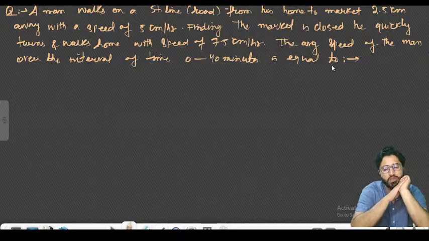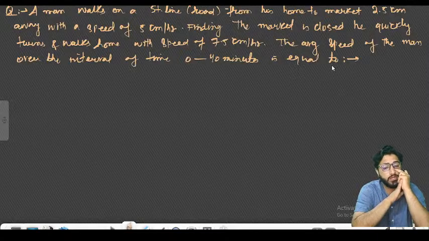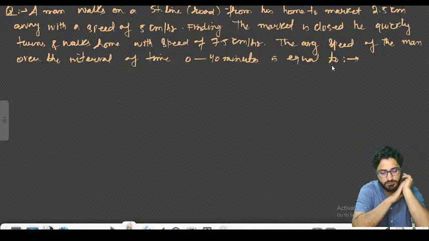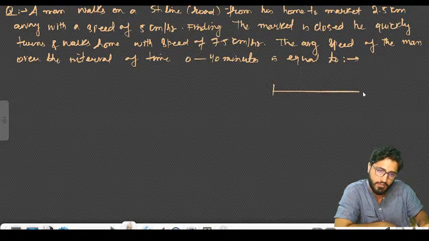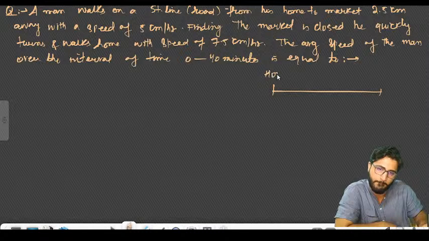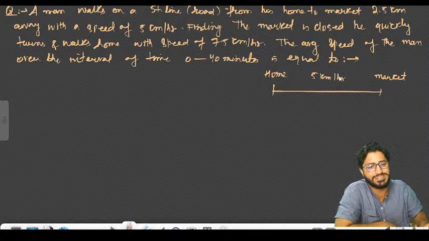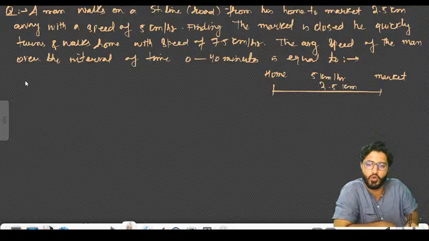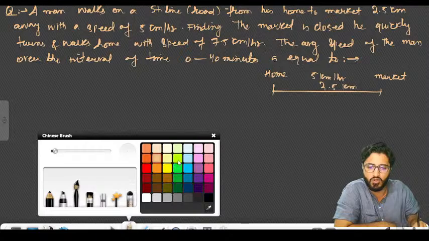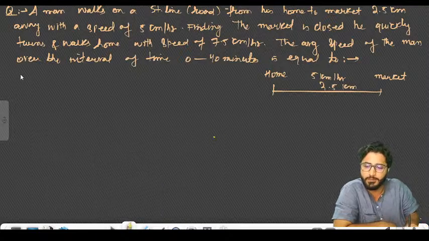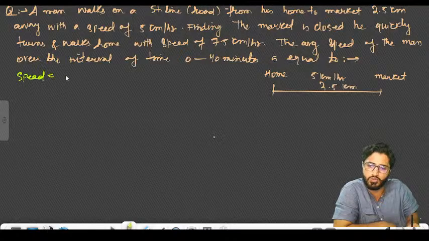Okay. First of all, we have to find up to what point 40 minutes is valid. Look now. This is my road, home, market. Person goes with speed 5 kilometer per hour, and distance is 2.5 kilometer. We know that speed is equal to distance by time.